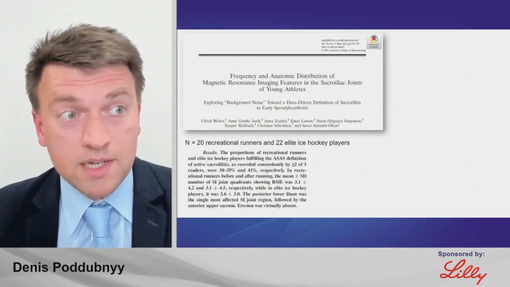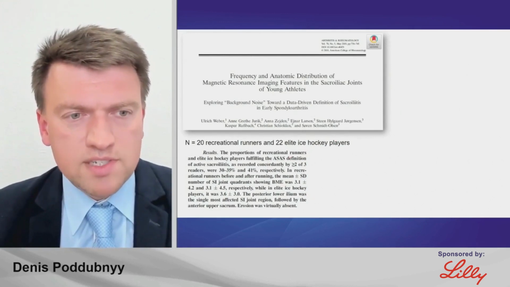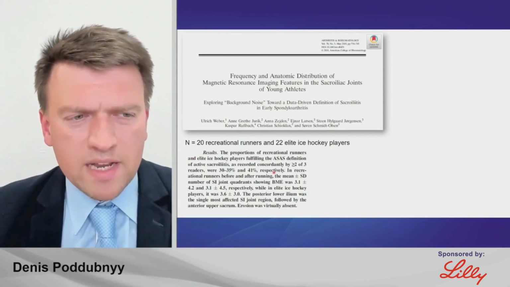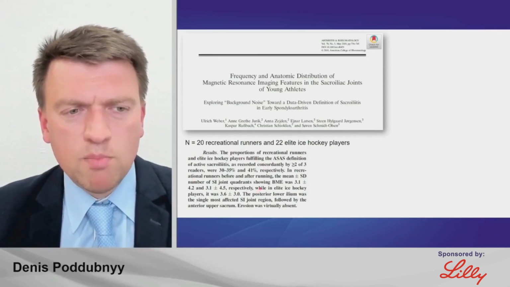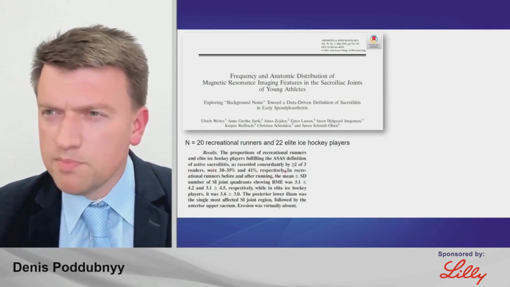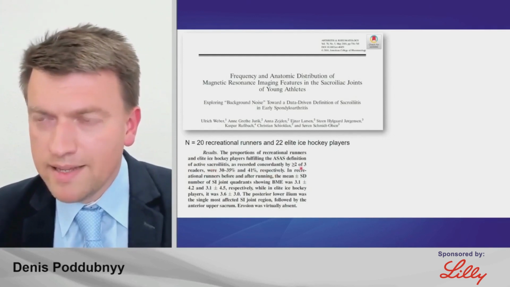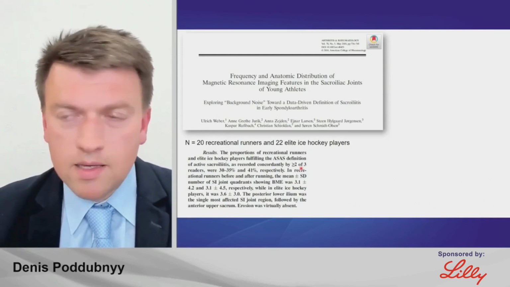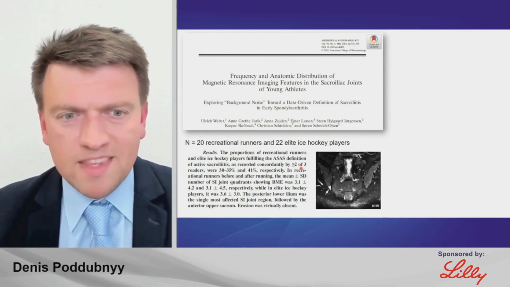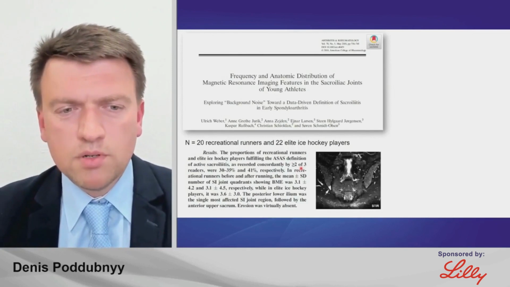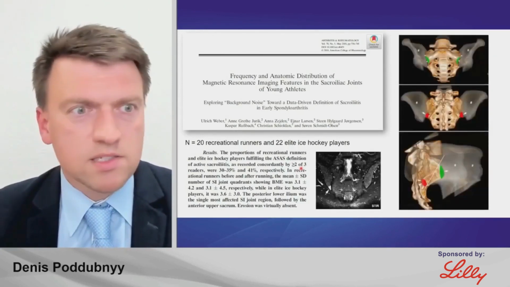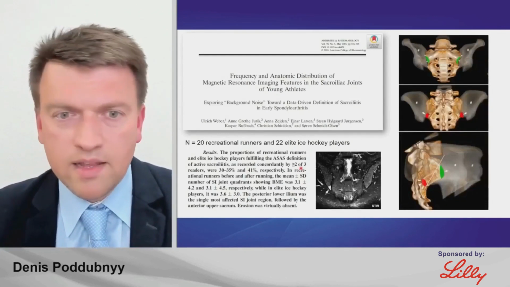work which evaluated recreational runners and elite ice hockey players. And here we had really a big prevalence of bone marrow edema, from 30 to 40%, in apparently healthy people without any back pain complaints. This study was also important to demonstrate the anatomical areas which are affected by mechanical stress in these athletes.